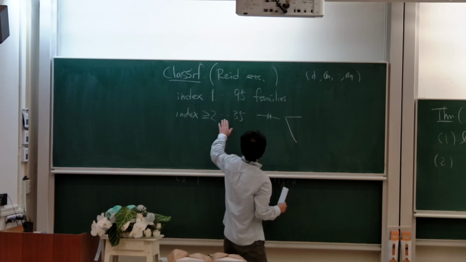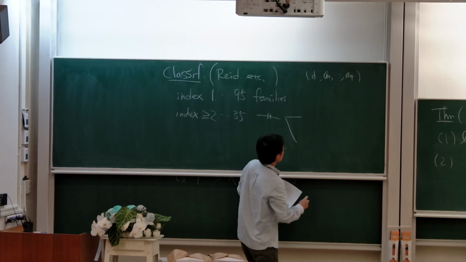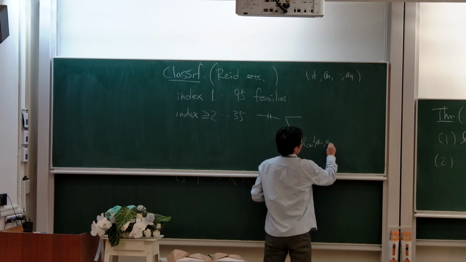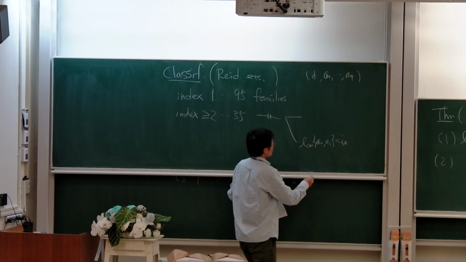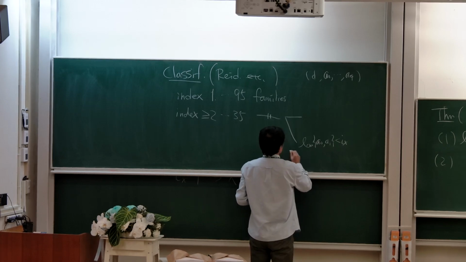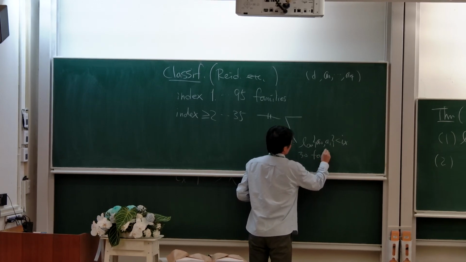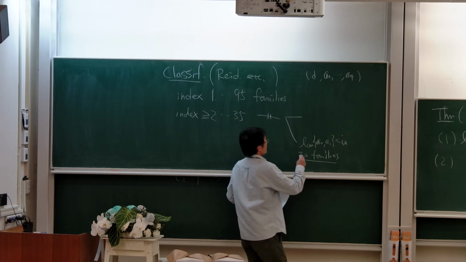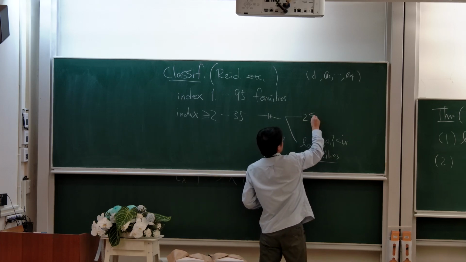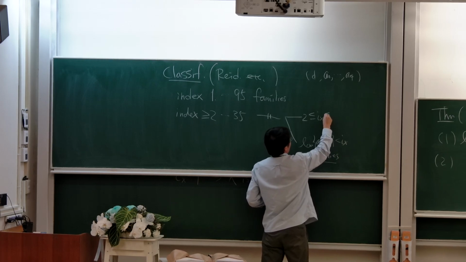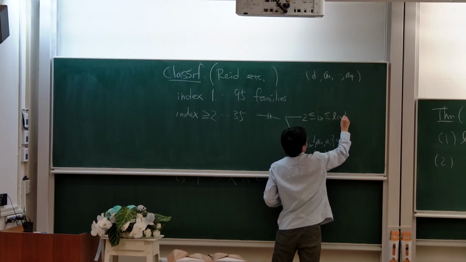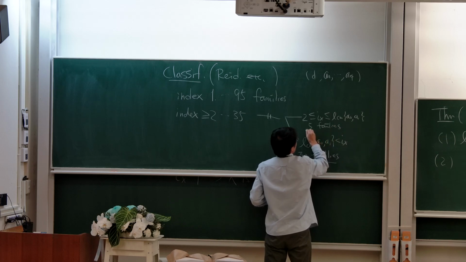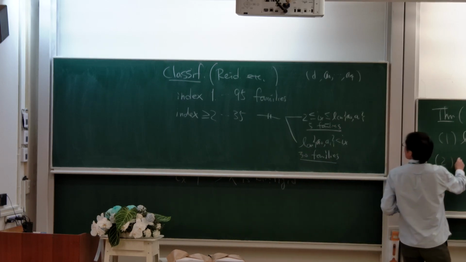Now we have two types for the higher index cases, and one is this case, and we have 30 families with this assumption. The rest is of course 5 families, with this second assumption.